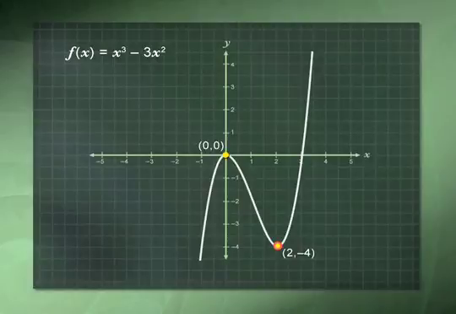So let me be clear about some of the ways of expressing the results about relative extrema and even absolute extrema. You have to read a calculus problem very carefully to see what they're asking. For instance, in that previous function that we looked at, the relative minimum occurred at the point (2, -4). There you see it. It's kind of the local low point of the graph.